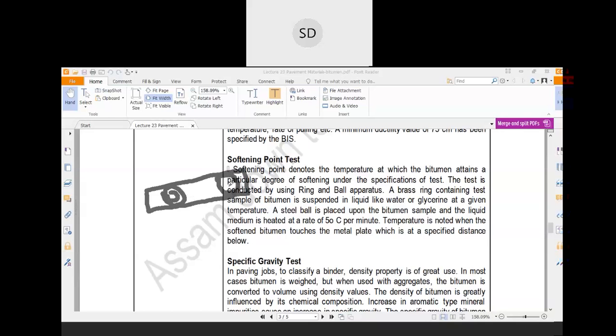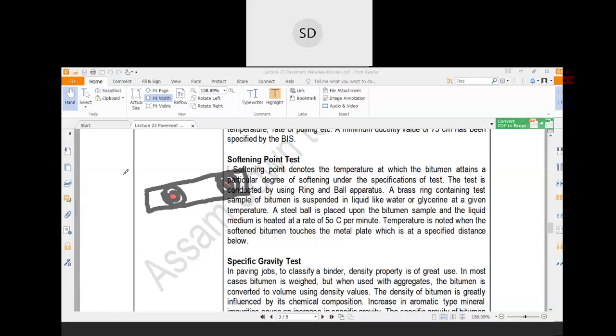One ring would be placed, and you will fill this ring with the bitumen content. Okay, and above this, you will put two small steel balls or iron balls.